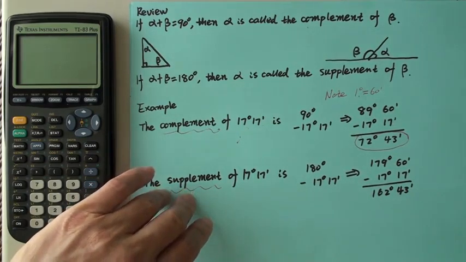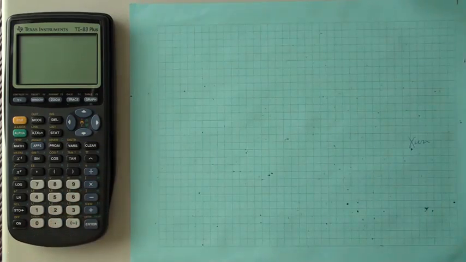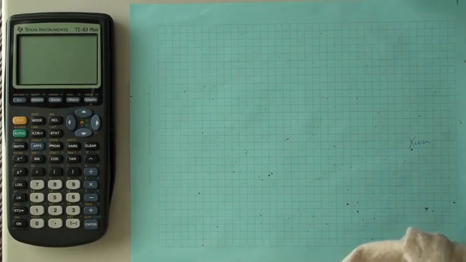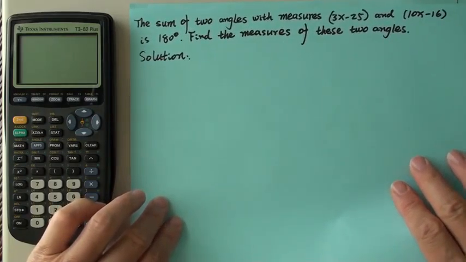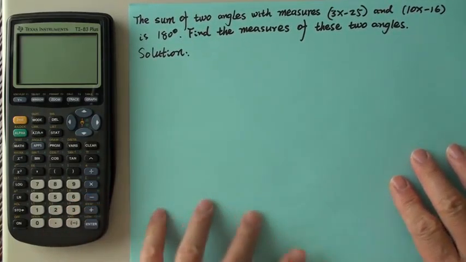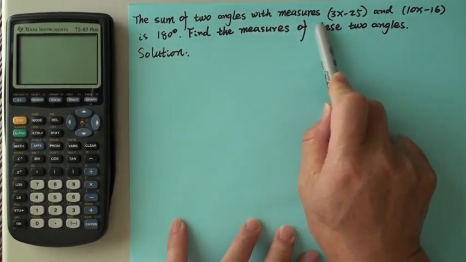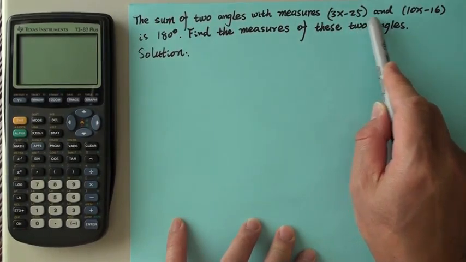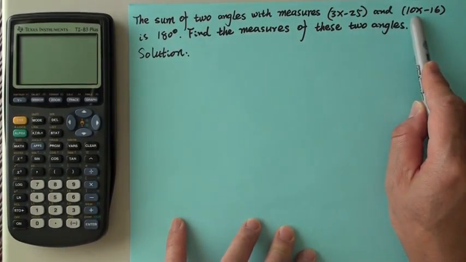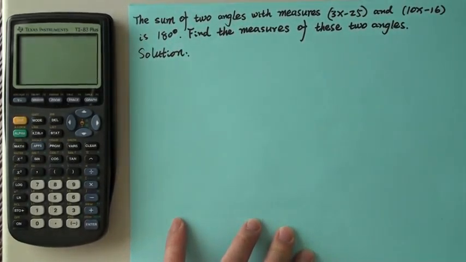Now, let's look at another one. Here, the sum of two angles with measures 3x minus 25 and 10x minus 16 is 180 degrees.